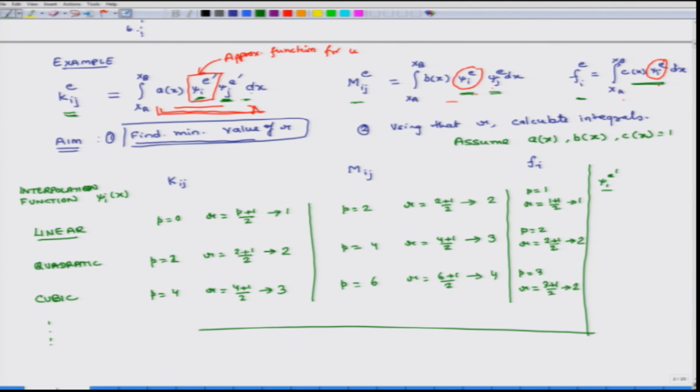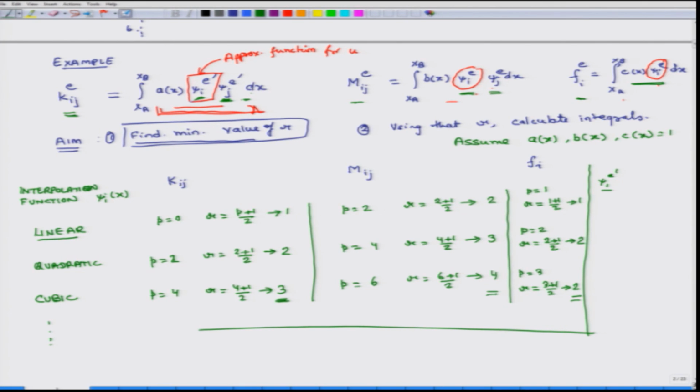So, this is important. So, what it means is that if psi is cubic, for k I have to use 3 quadrature points, for m I have to use 4 quadrature points, and for f I have to use 2 quadrature points.